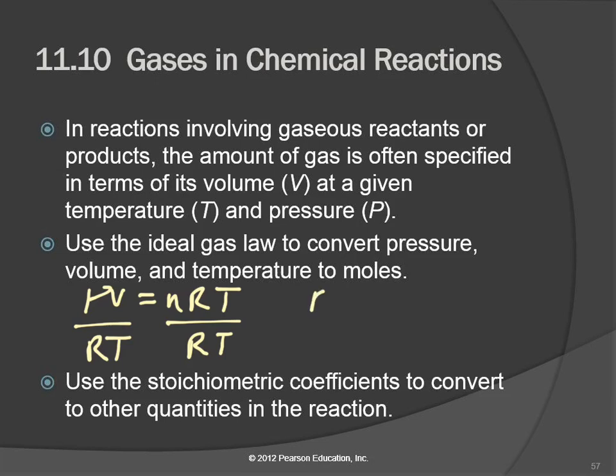So the number of moles of a gas is equal to the pressure times the volume divided by the ideal gas constant and the temperature. And this is how we can include gases in stoichiometry calculations. And the rest of it continues in the same pattern.